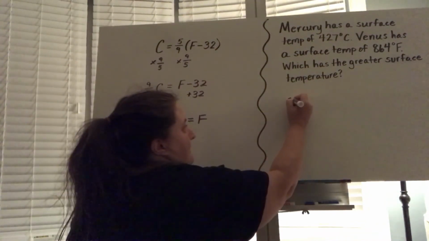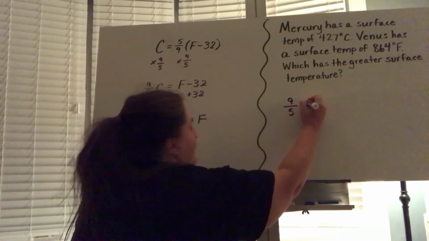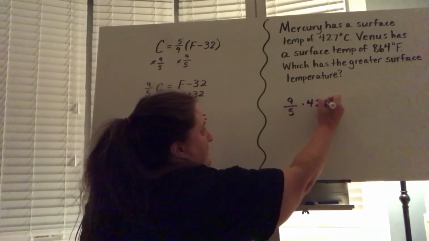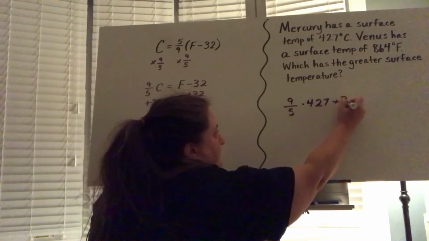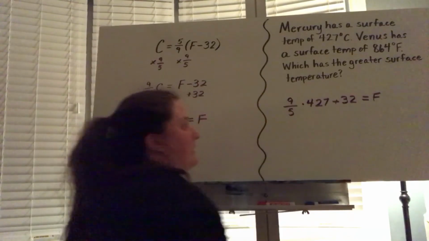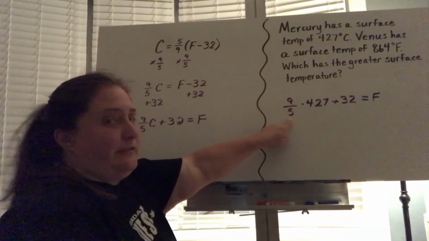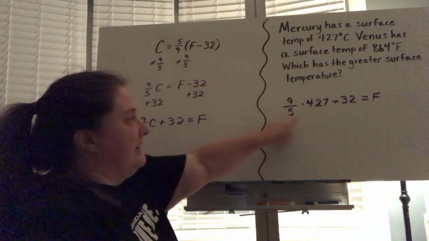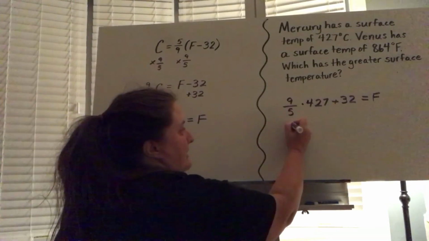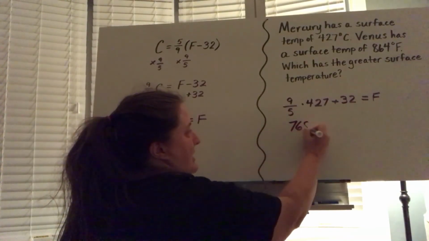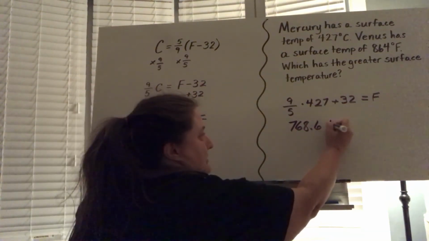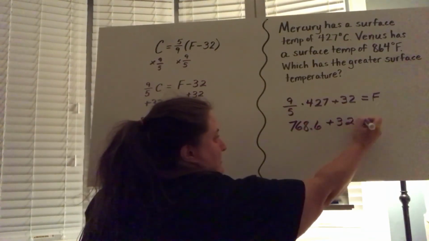So 9/5 times 427 plus 32 is going to give me my degrees Fahrenheit. 9/5, or 1.8, times 427 is going to give me 768.6. Now I have to add 32 to get my degrees Fahrenheit.